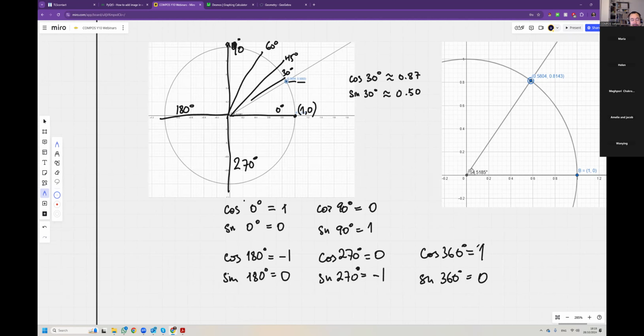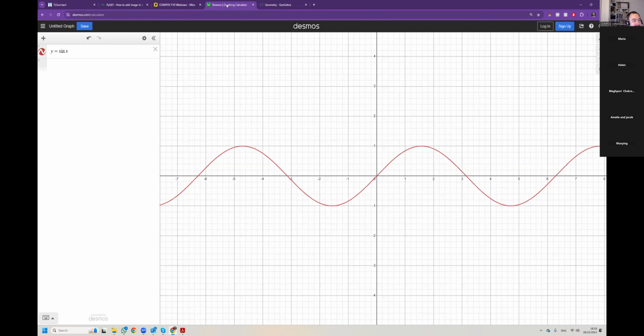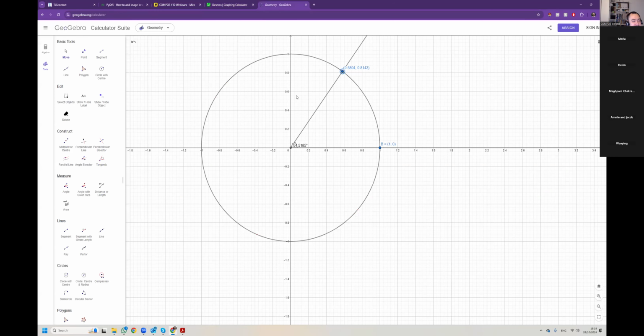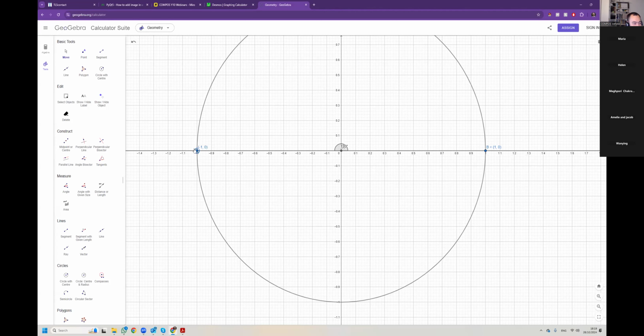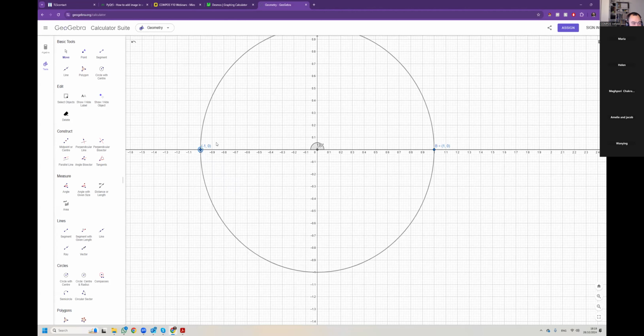So now you have a tool that allows you to calculate sine and cosine for any angle whatsoever. If you want 180 degrees, that's this. 180 degrees, it's minus 1, 0. So cosine is minus 1, sine is 0.